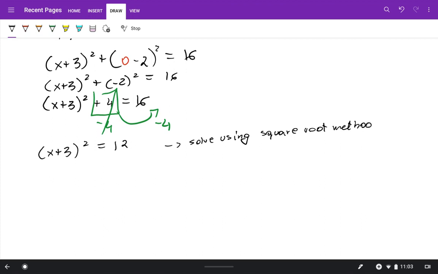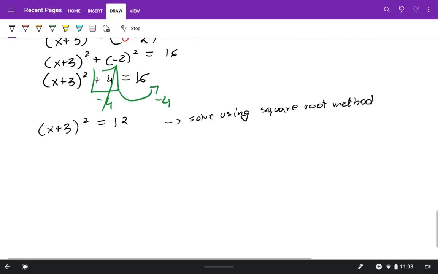So you can always solve the quadratic equation with the square root method when you have that perfect square. And now I'm just going to take the square root of both sides. The square root and the second power undo each other, so we end up with x plus 3 equals. Don't forget that when you take the square root, you end up with positive and negative square root of 12.